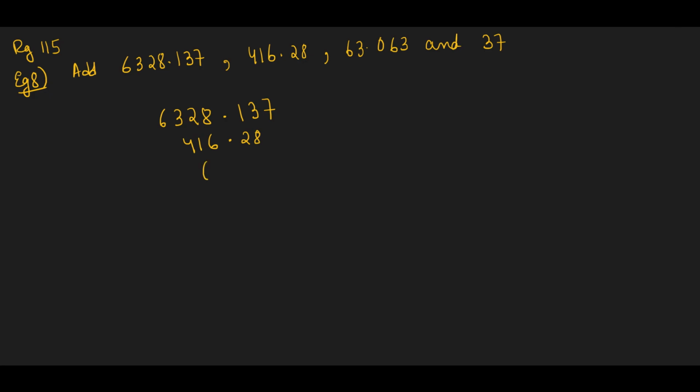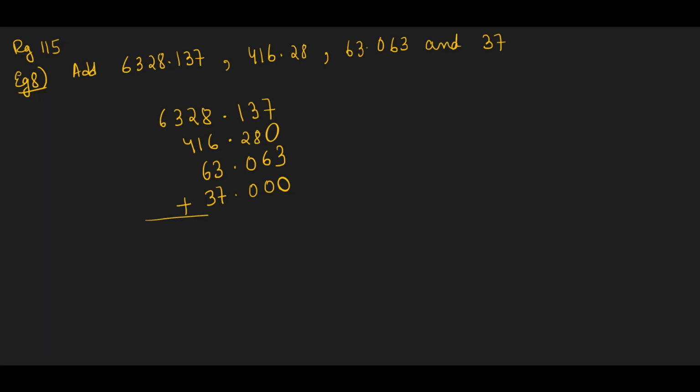Now we have 63.063. Here there is no number, so you can write a 0, because if you increase any number of zeros on the very right of the decimal number, it is not a problem. And here you have 37. There is no decimal, so we can assume that here we put a decimal point and 0 0 0, and we can write. So not a problem, children.